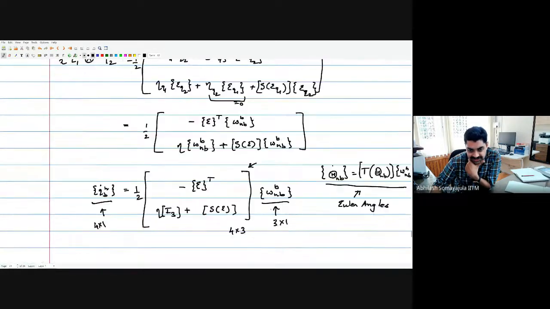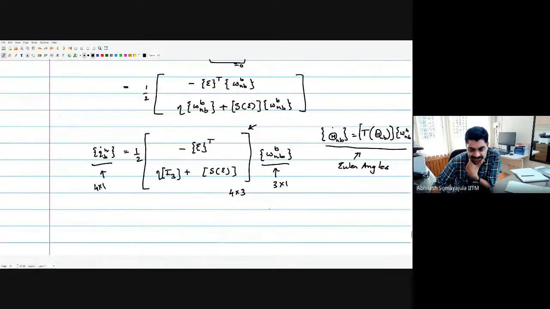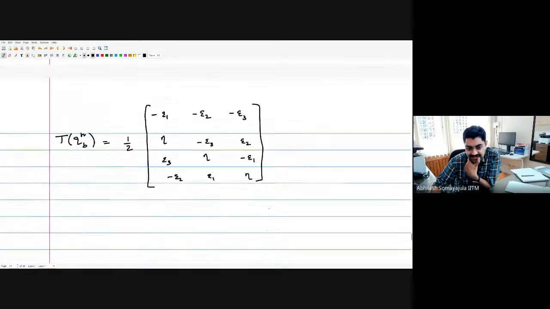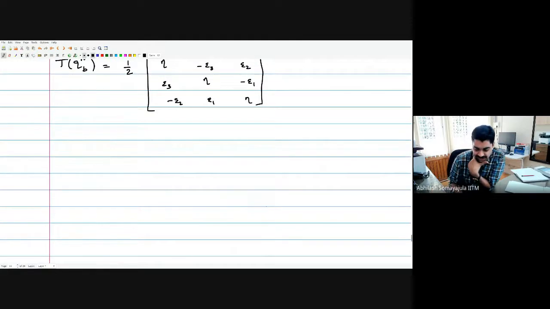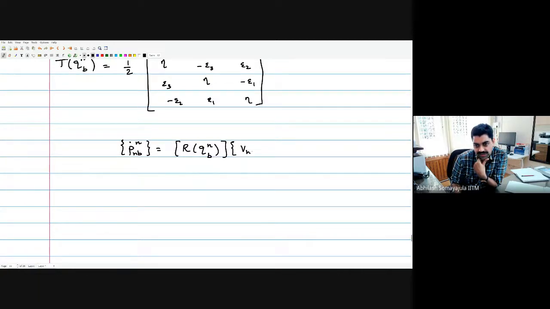So what we have seen is that when we have the quaternions included, our linear velocity, the position of the body fixed frame's origin in the NED frame, can be represented still as a rotation matrix, but now that rotation matrix depends on the quaternion, times the velocity of the body in the body fixed frame.